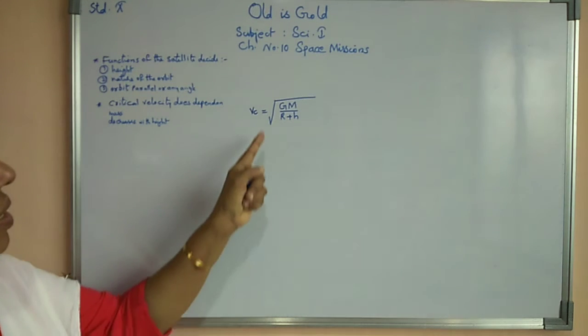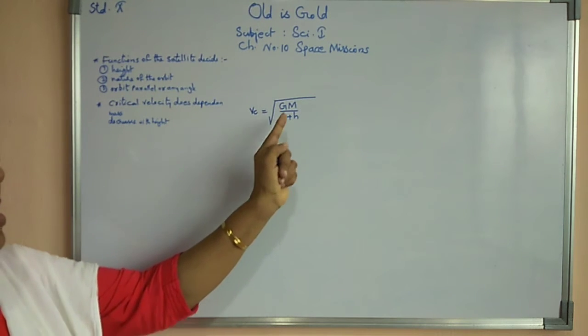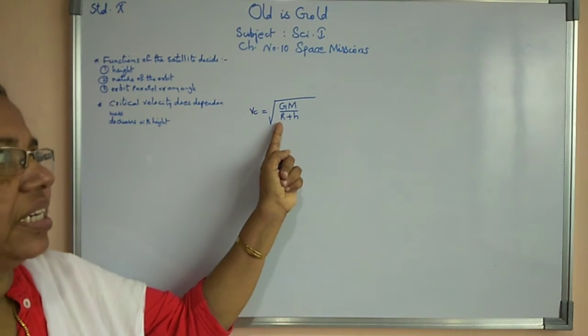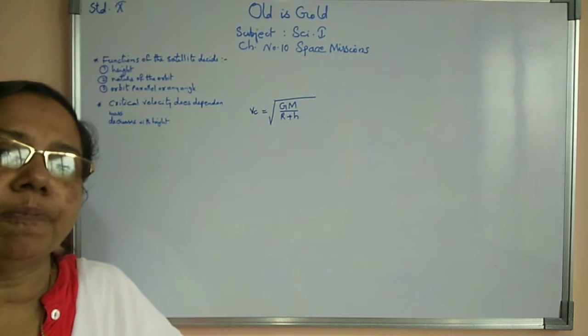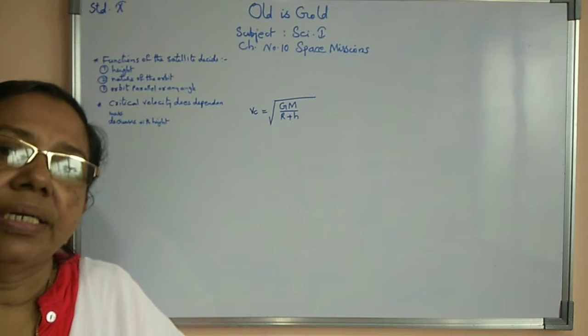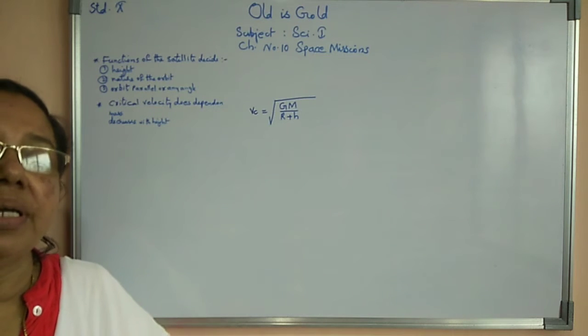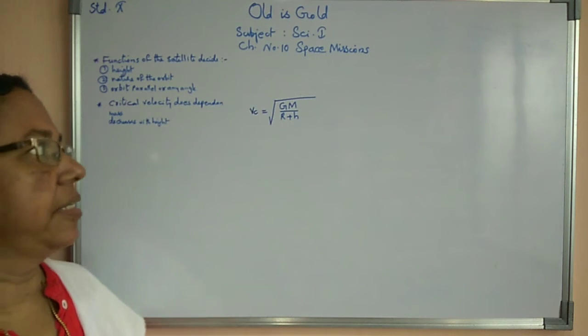It depends on the gravitational constant, the mass of the earth, the radius of the earth, as well as the height of the satellite from the surface of the earth. It does not depend on the mass of the satellite.